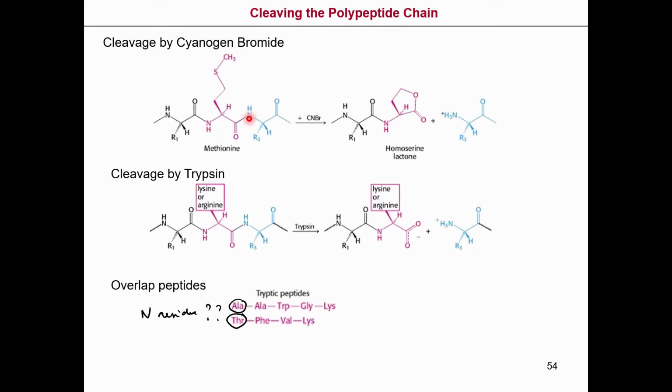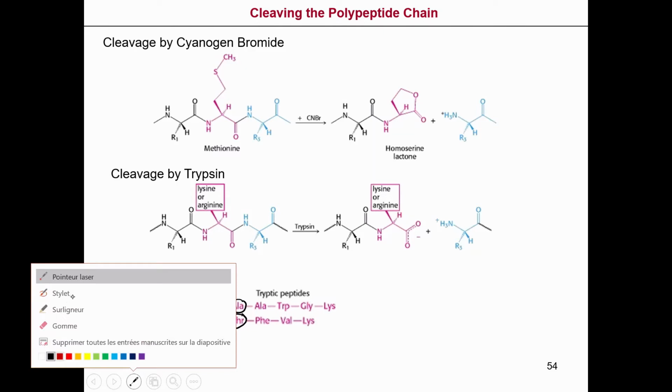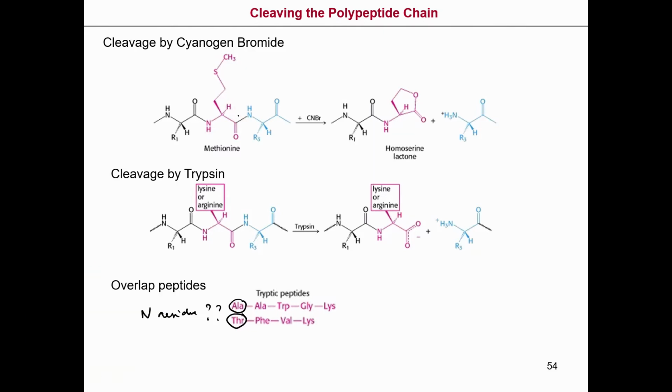The cyanobromide will cleave the peptide bond on the C side of methionine. So we will break here. Sorry, chymotrypsin, so it is another example.